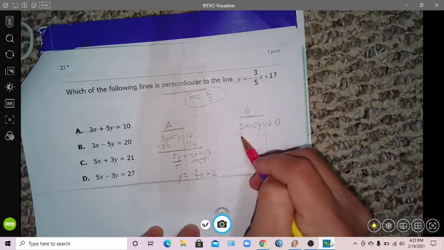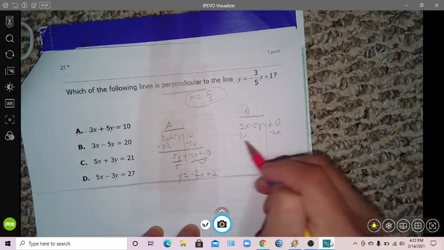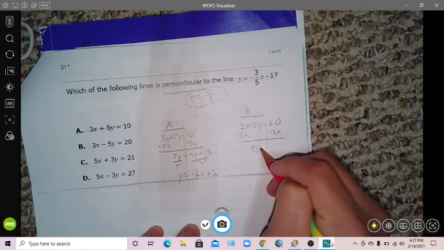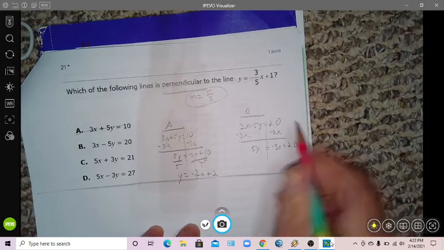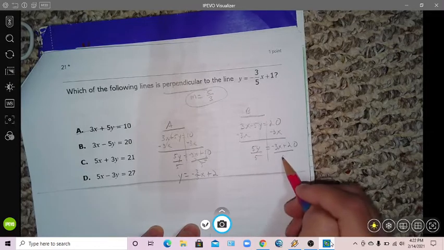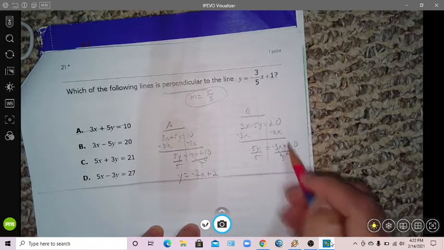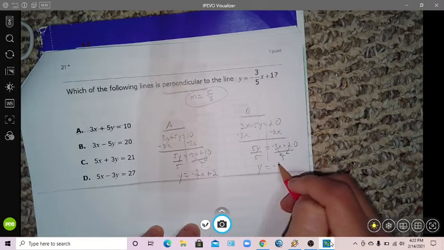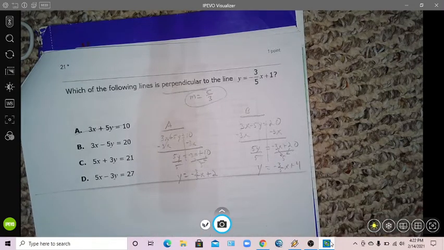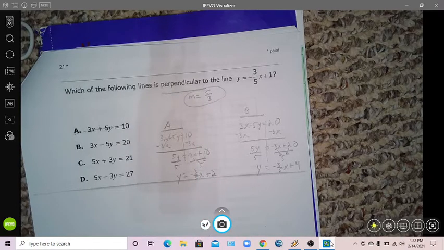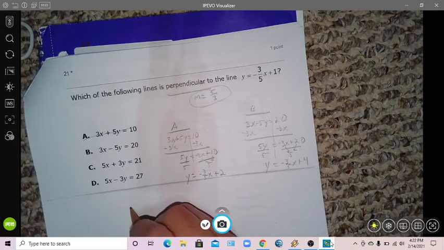Let's subtract 3x, subtract 3x. Negative 5y equals negative 3x plus 20. Divide by 5. I get y equals negative 3/5x plus 4. Again, I want a positive 5/3. It's not it.